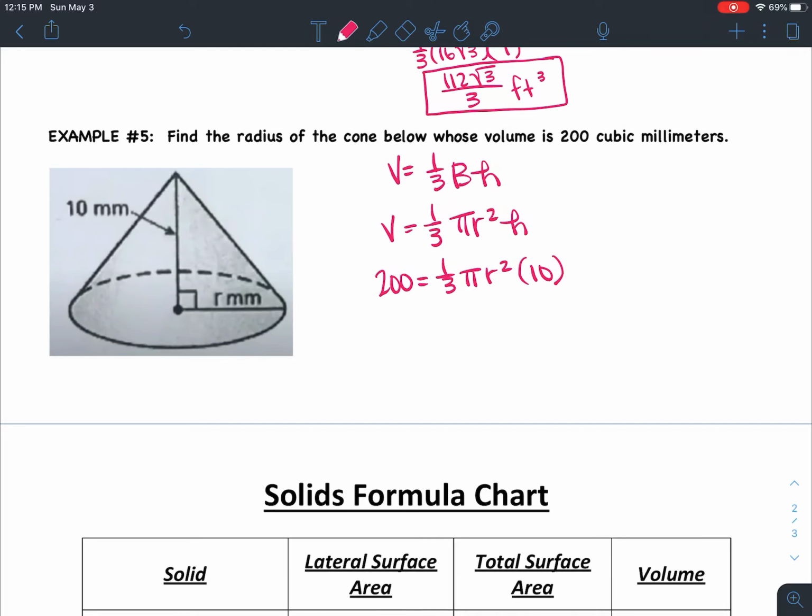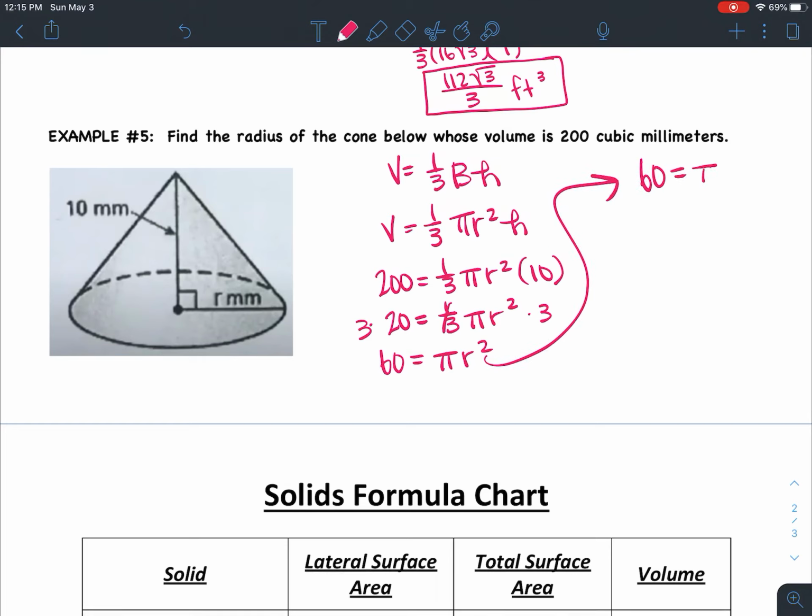If I divide by 10, I now have 20 equals 1/3 pi r squared. I'm going to multiply both sides by 3 to get rid of that 1/3. So 60 is equal to pi r squared. This is where we're going to have to start rounding a little bit, and I'm also going to move it up here. So 60 is equal to pi r squared. Divide both sides by pi.